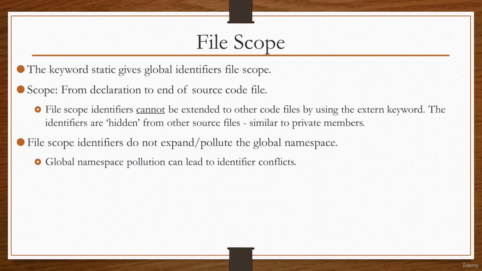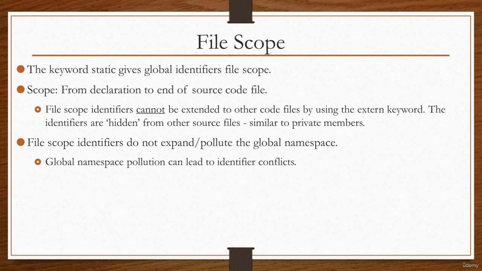Next, before I show you an example of this in Visual Studio, you also have something called file scope, and it may seem similar to the global scope, but is not. The keyword static is going to give global identifiers file scope. And so what is the scope here? The scope is from the declaration to the end of the source code file. Now file scope identifiers cannot be extended to other code files by using the extern keyword.